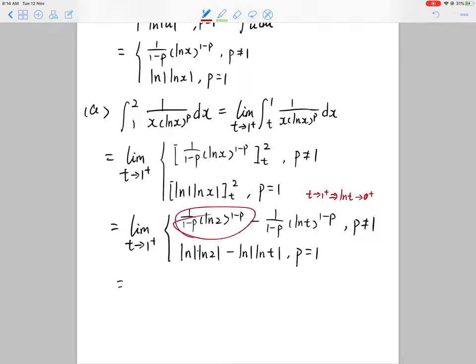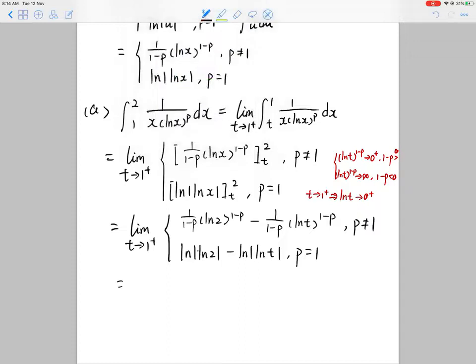This part is a fixed value, so the only thing different is whether 1 minus p is positive or negative. So ln t to the power of 1 minus p is going to approach 0 if this thing is positive. If this thing is negative, the denominator is approaching 0, so it's approaching positive infinity if this power is negative.